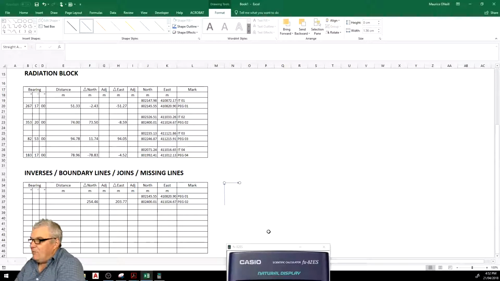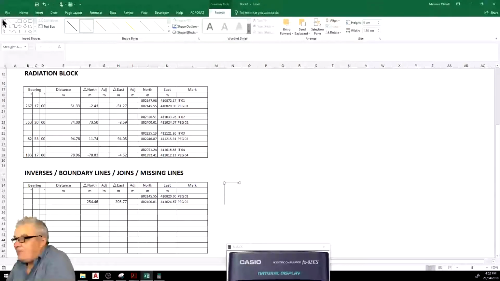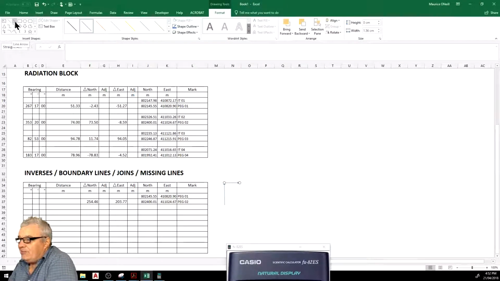Okay, now for my final one: I started up here, across here. So the direction of the actual one will be from here to here. So that's my little triangle there.